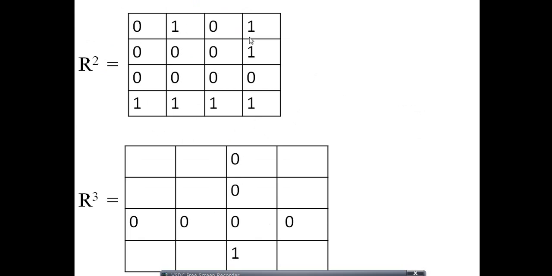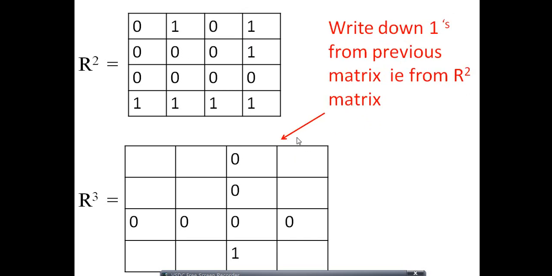Wherever ones are there, write them down as they are in the R3 matrix. Write down the ones from the previous matrix, that is, from the R2 matrix. So write down here 1 is there, and here 1, 1, here 1, here 1, 1. Write down as it is, the red color 1. Pause the video and watch carefully. That's it.